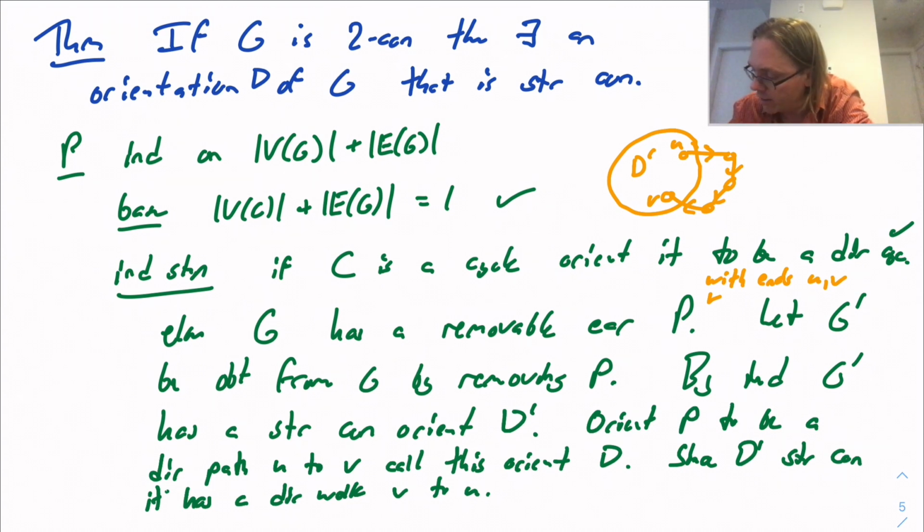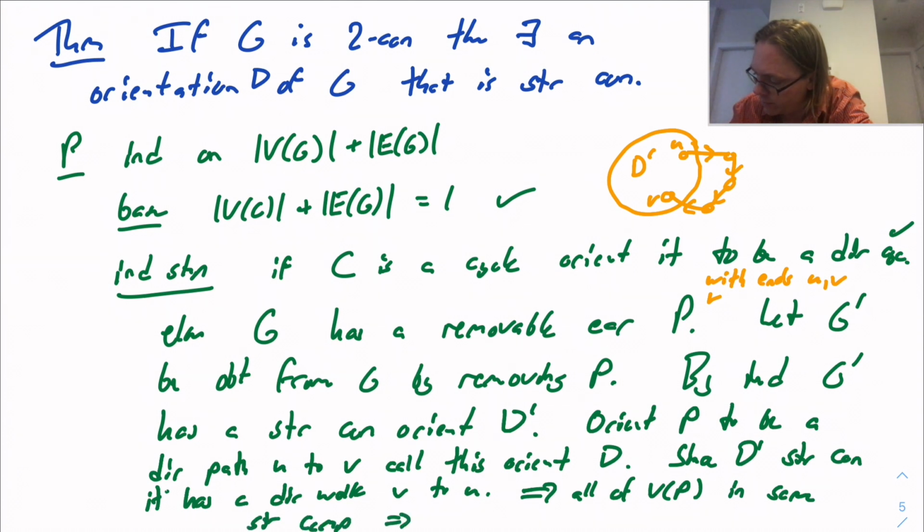So this implies that all of V of P are in the same strong component, and this implies that D is strongly connected, thus completing our proof.